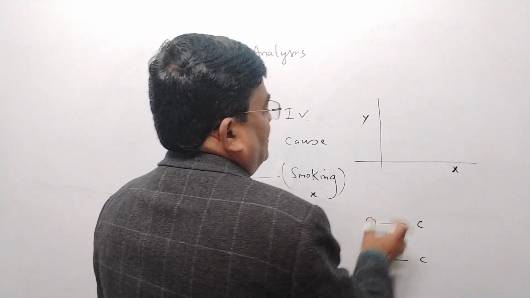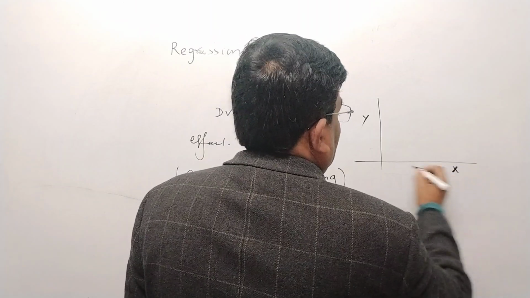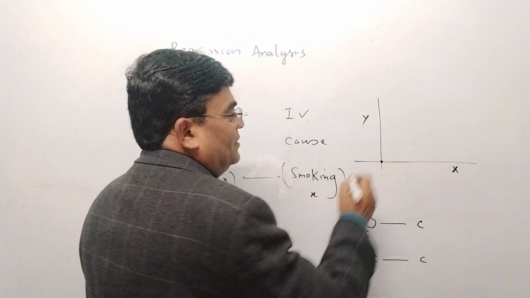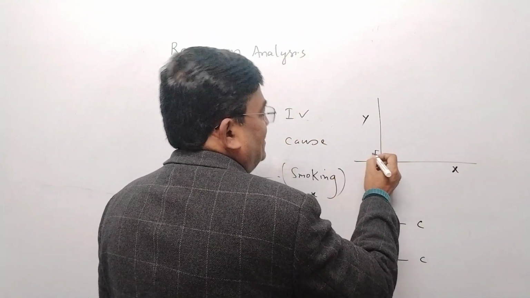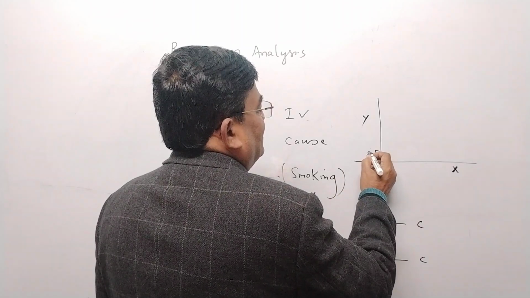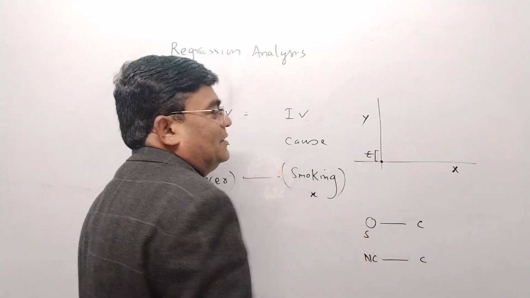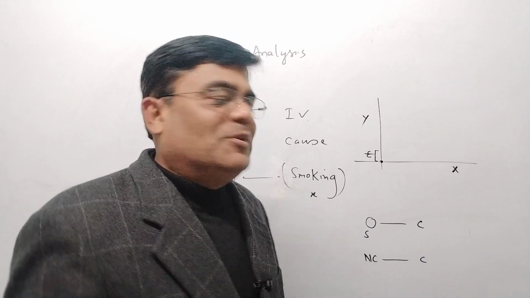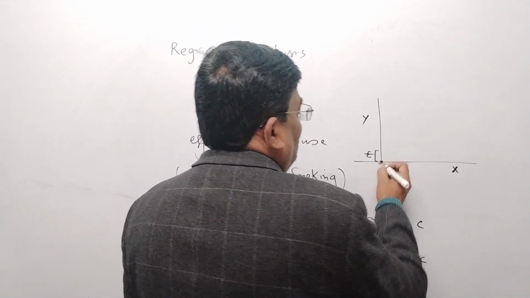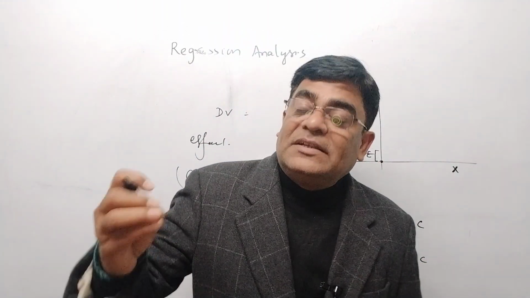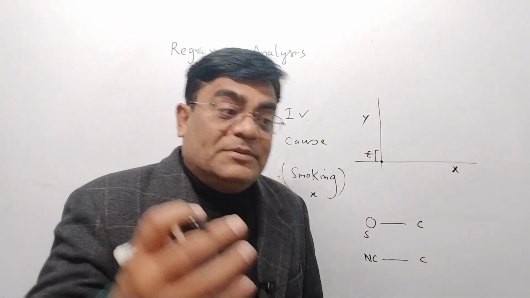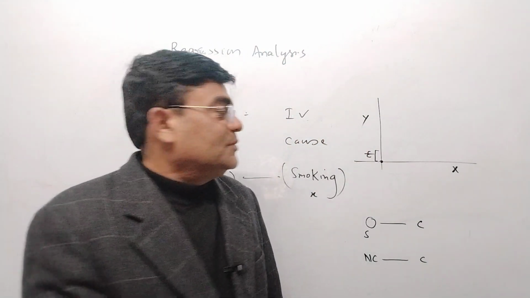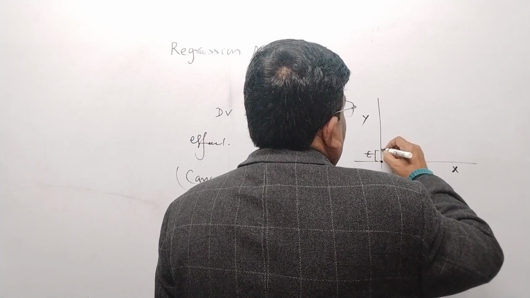So suppose X is smoking; when X is 0, there will be some value. You will find cases of cancer in individuals who do not smoke, so things will start from here.